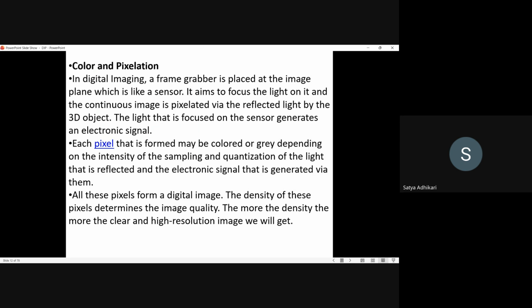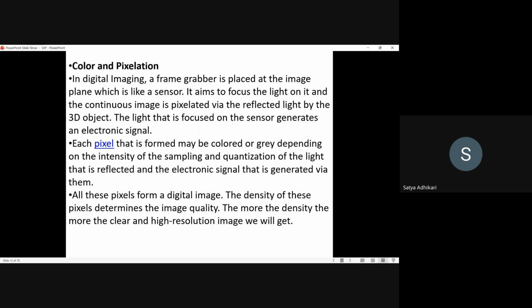The next component is color and pixelation. In digital imaging, a frame grabber is placed at the image plane, which is like a sensor. It aims to focus the light on it, and the continuous image is pixelated via the light reflected by the 3D object.